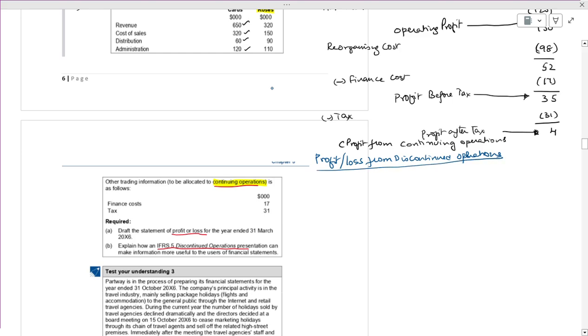Okay, keep it as working one. Now, here only I am writing working one. Working one is what? Profit or loss from discontinued operations.